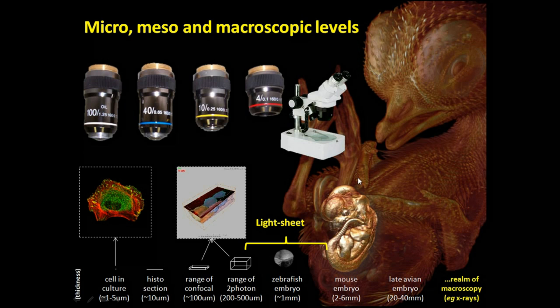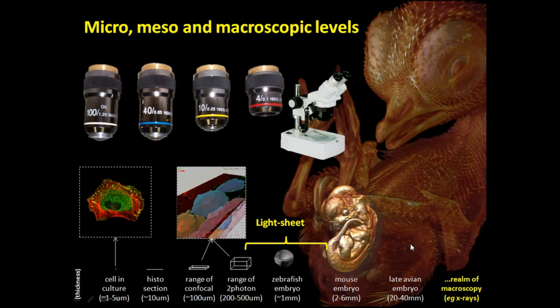We're now talking about a few centimeters, 2-3 centimeters, maybe even more. I'll show you examples of that later. So it's just not possible to put these things in a microscope, not even a confocal microscope, and expect to get any detail other than what you would see right on the surface, just a few cell layers. So if you want to understand the full anatomy of these organisms, you need some other technique.